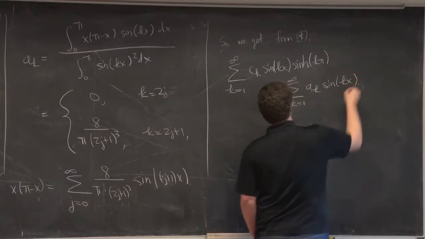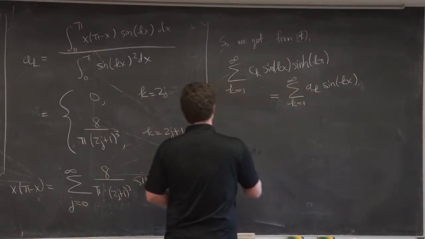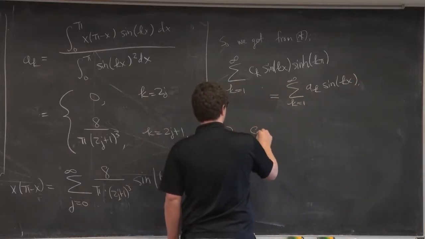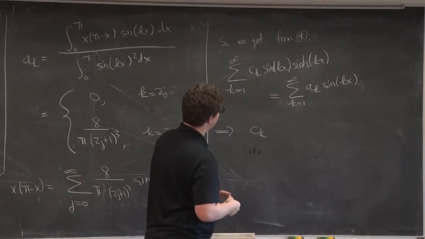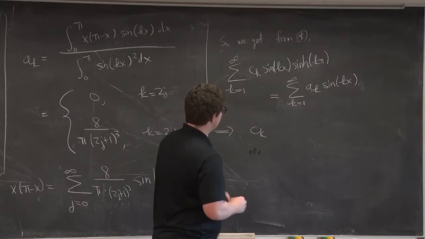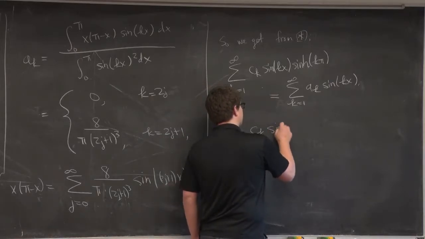We could write out what a_k is explicitly, but this tells us that we have two vectors written in terms of a basis, and so we just get to equate the coefficients.